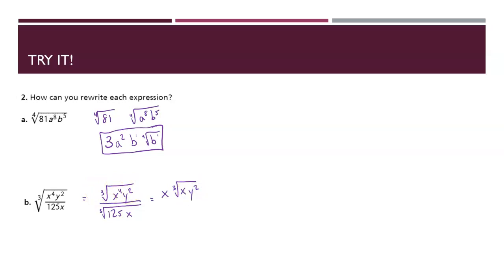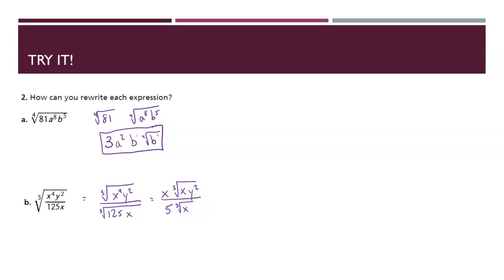So in the numerator, we would have x times the cube root of xy squared. In the denominator, the cube root of 125 is 5, and we're left with the cube root of x. So the cube root of 125, hopefully that's also one that you recognize.